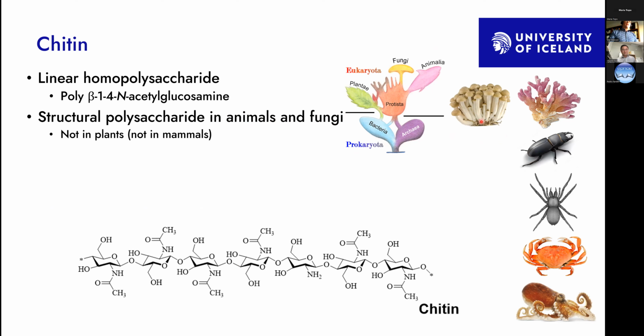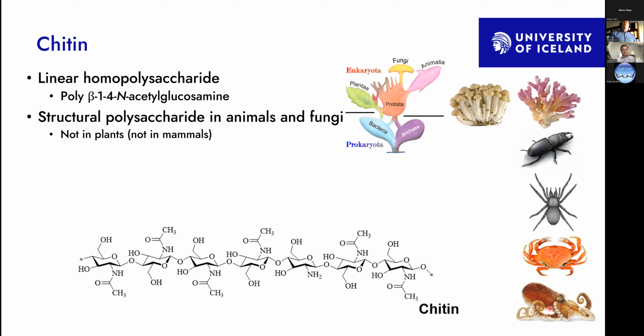But what is most well known, it is in fungi, a part of the cell wall, and it's a structural polysaccharide in corals, forming the inner skeleton, and then the exoskeleton of insects and crustaceans like crabs.